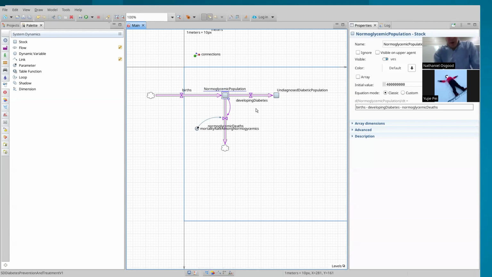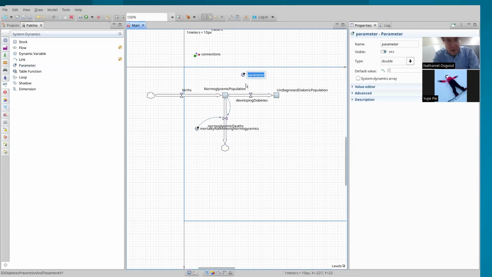Okay, now we're going to drag in a parameter here. Again, parameters encode assumptions. They make our assumptions evident, make them explicit, make them able to be changed easily, as we'll see in scenarios. So we'll be able to run the model with different assumptions. We can document them by creating an explicit parameter.